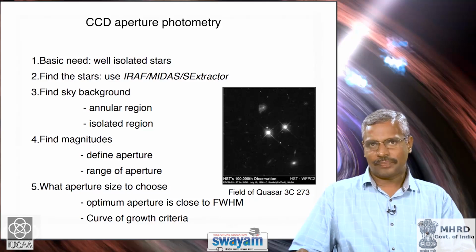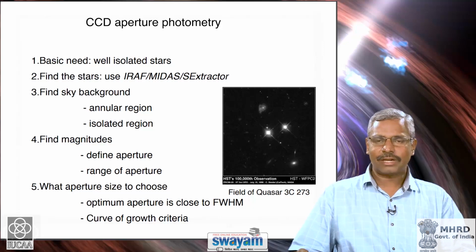This is done by selecting an annular region around the target of interest. The sky photons are estimated from the annular region, and once estimated, this is subtracted from the total photons collected within the aperture.